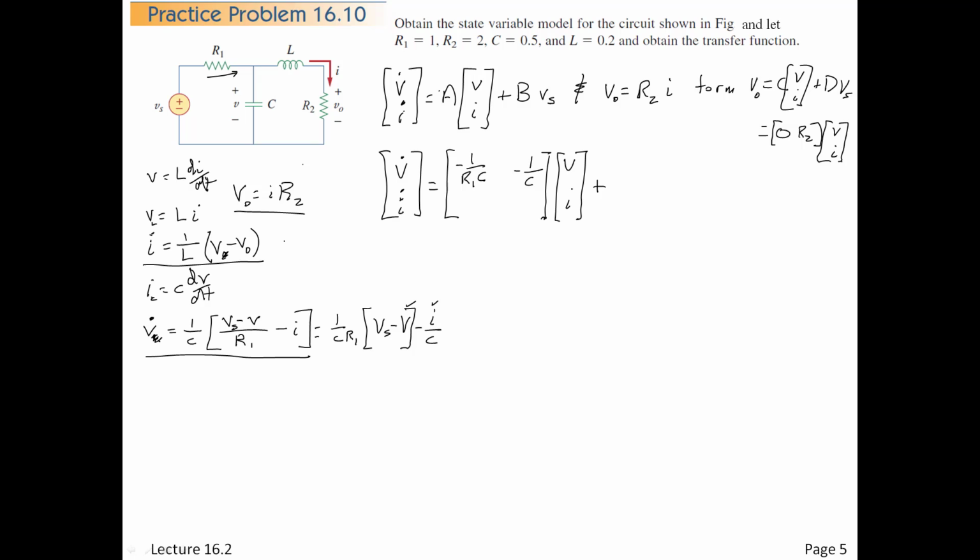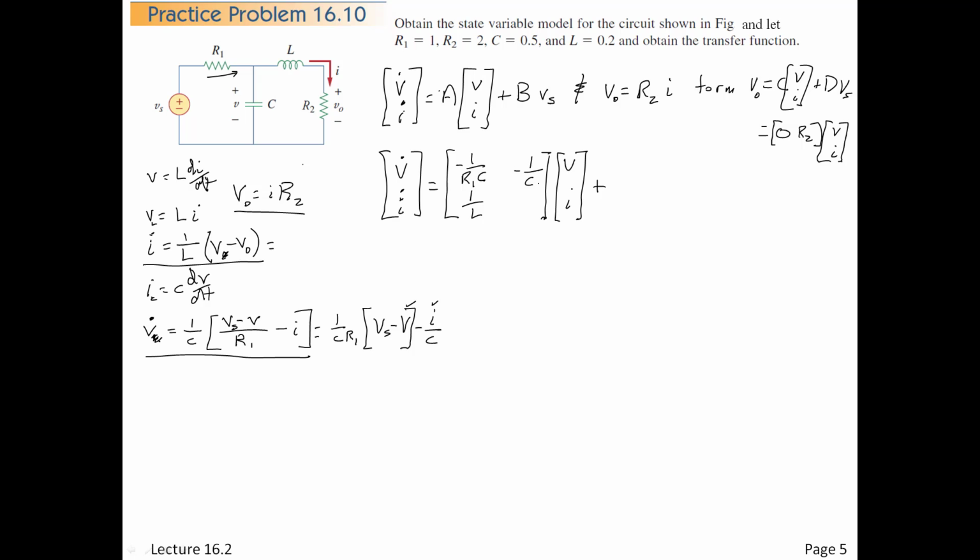And now I take my I equation, and it looks like this is what? 1 over L times V. I don't think I need to expand that anymore. So it's 1 over L times V. That would give us that. And then the I dot is minus V0, but V0 is what?